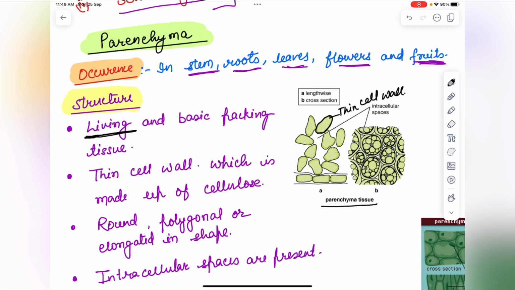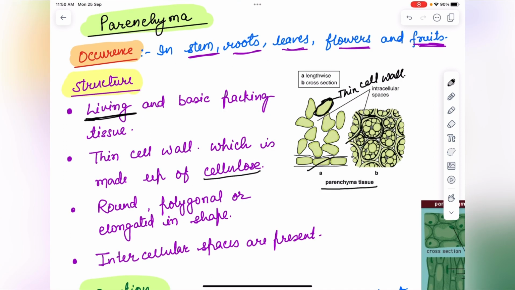Here you can see a thin cell wall is present, and this cell wall is made up of cellulose. The shape of the cell will be round, polygonal or elongated.